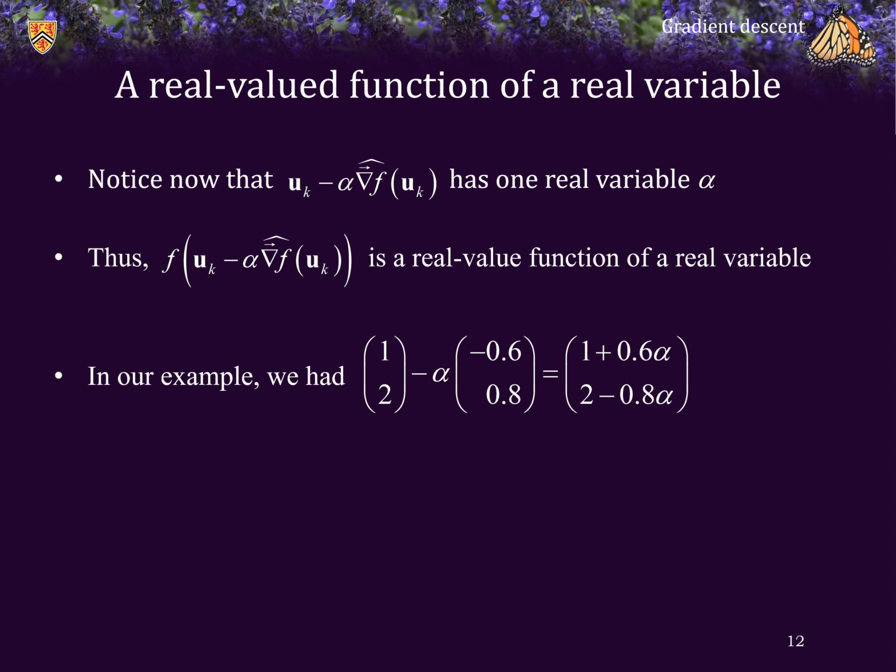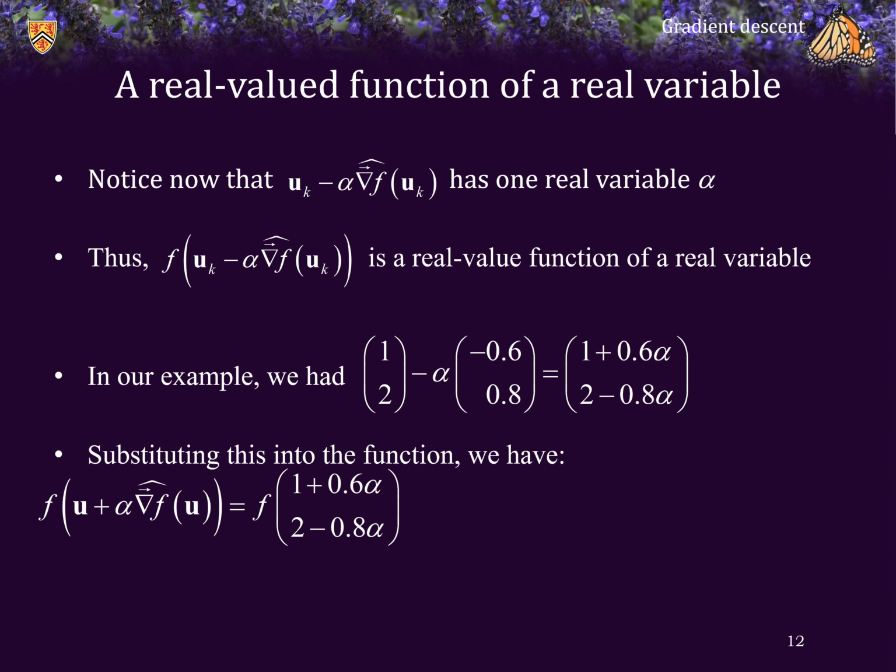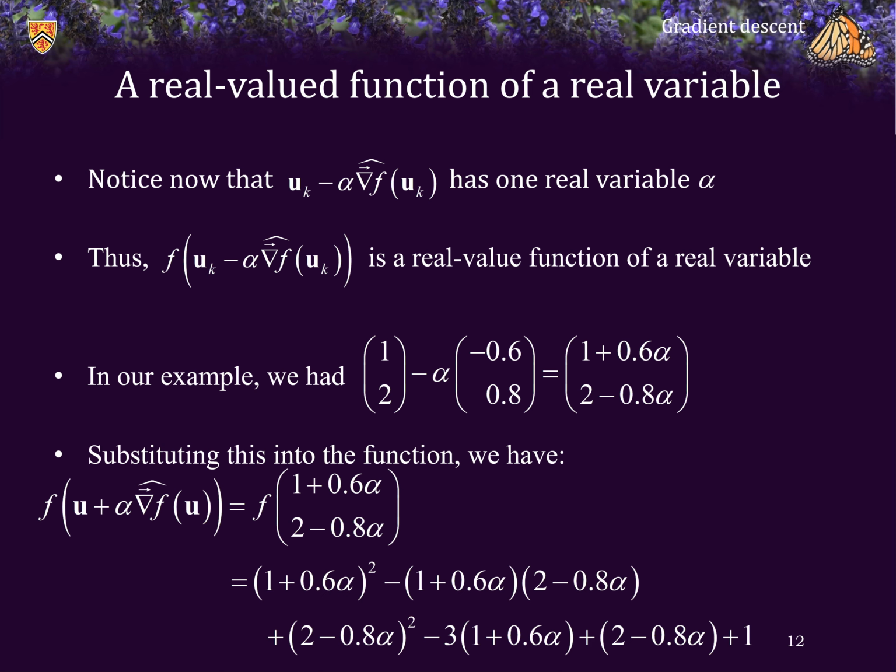We can now evaluate the function at this point, or at the points on this line, and you'll notice that that gives us, in this case, a quadratic function in exactly one variable alpha. Well, we can now find a minimum of this quadratic function in alpha.